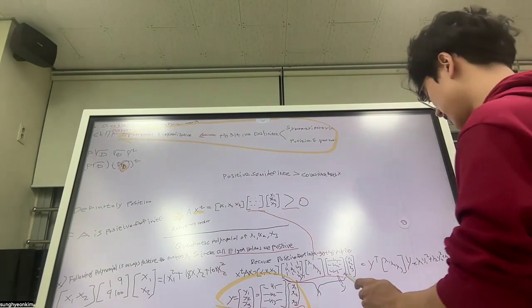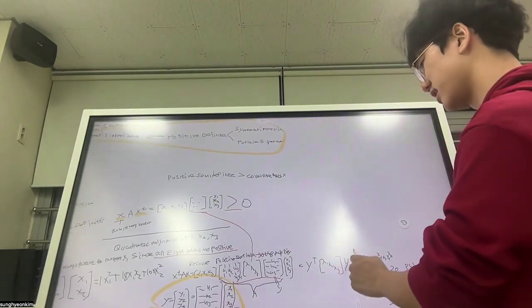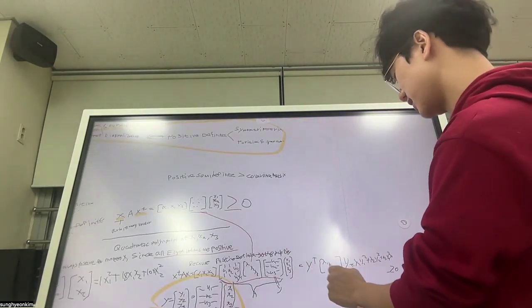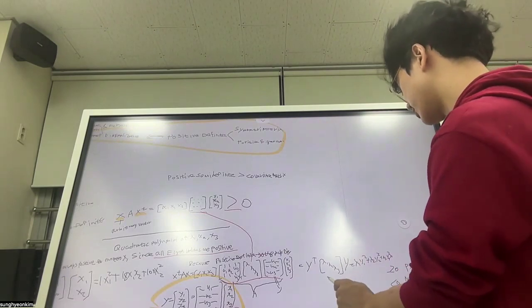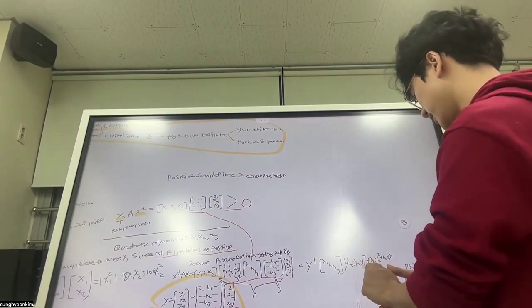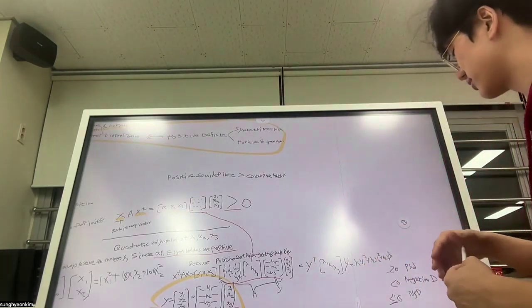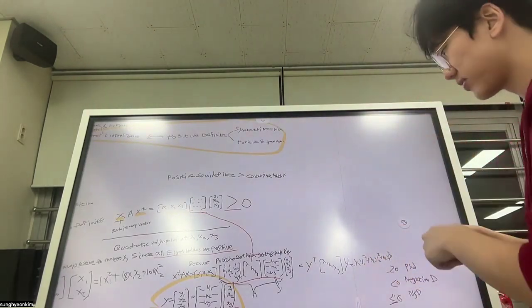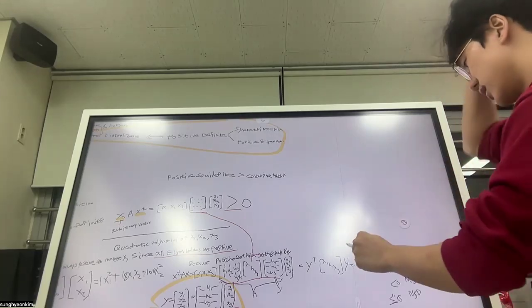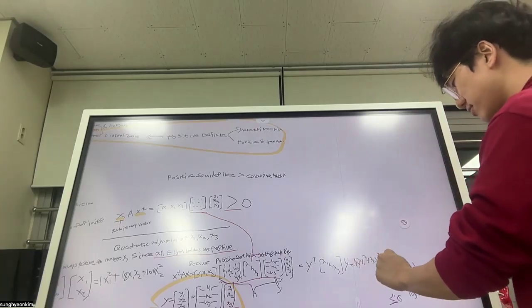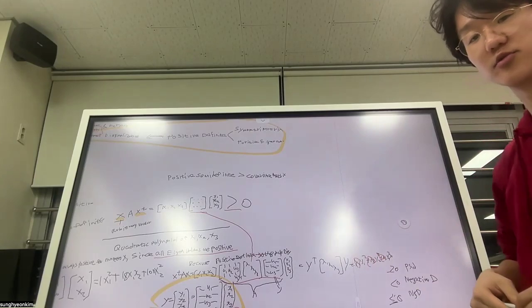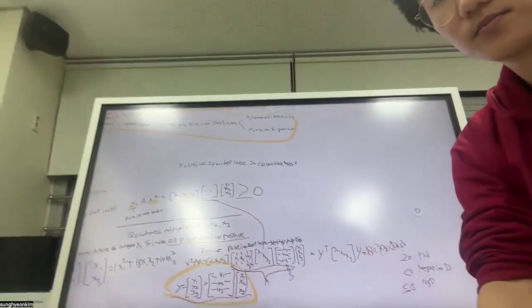Then we can rewrite it as y transpose times the eigenvalue matrix times y. In this case, it will be lambda 1 y1 squared plus lambda 2 y2 squared plus lambda 3 y3 squared, where we can show the eigenvalues directly. So we can easily prove it.